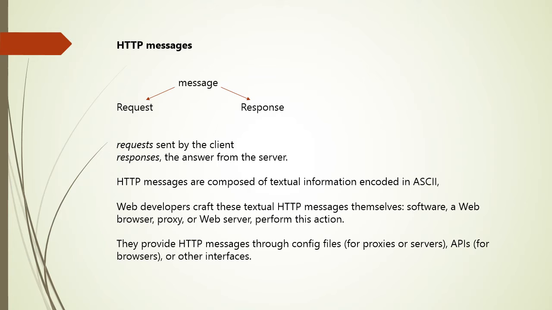In HTTP/2, the once human-readable message is now divided up into HTTP frames, providing optimization and performance improvements. Web developers craft these textual HTTP messages themselves. They provide HTTP messages through config files, APIs or other interfaces.